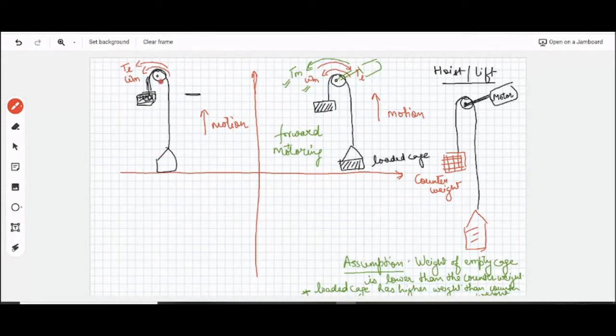Now, to have controlled motion, your motor has to generate torque opposite to this load torque. Yes or no? Otherwise, there will be a free fall. Seeing the signs of omega m and Tm, can we conclude whether it's a braking mode or a motoring mode?